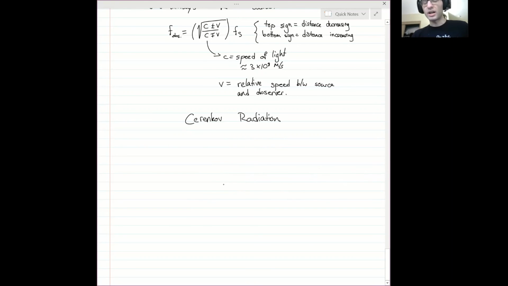Right, so I guess we'll finish just a smidge early. Oh, just one thing I'd like to comment on. If the motion is not head-on, if the two objects are not going straight towards each other or straight away from each other, the Doppler effect gets more complicated. In fact, in question 6, that's kind of what I'm asking you to explore. I'm not asking you to derive anything. I just want you to think about it.